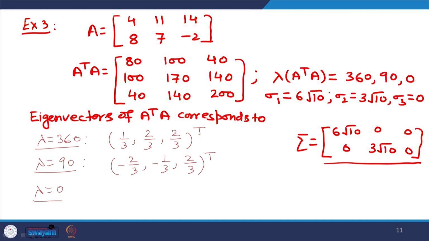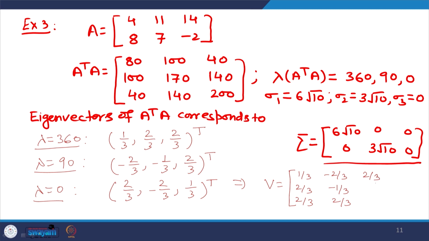For lambda equals 0, the eigenvector is 2 by 3, minus 2 by 3, 1 by 3 transpose. All these three are orthonormal vectors and pairwise orthogonal. So, from these I can write my matrix V as [1/3, 2/3, 2/3; -2/3, -1/3, 2/3; 2/3, -2/3, 1/3].